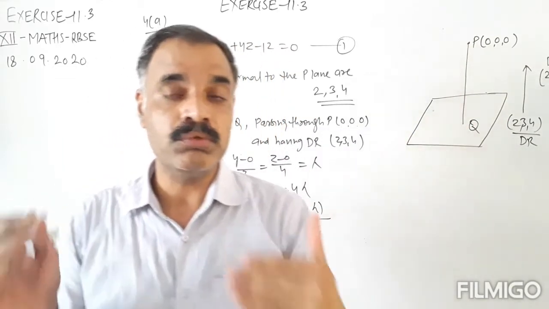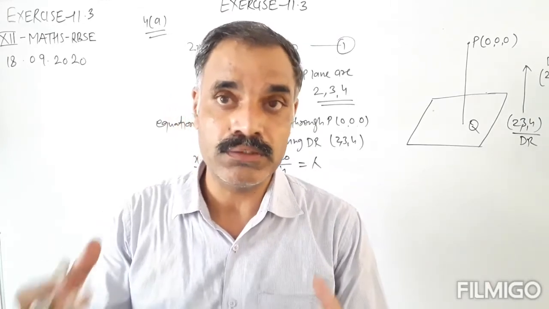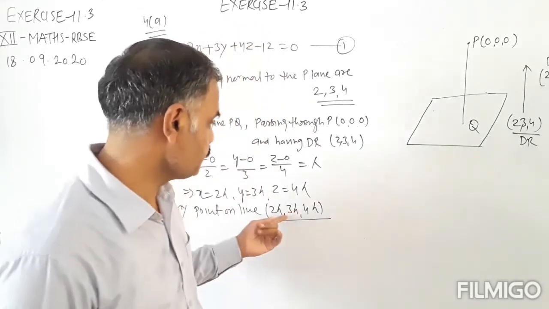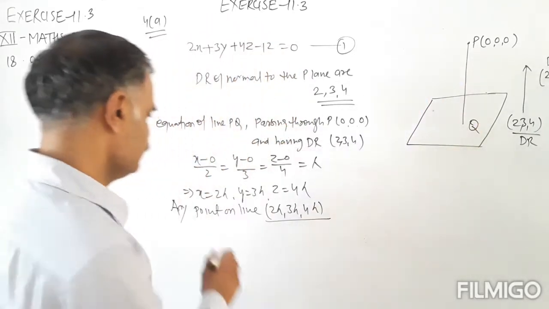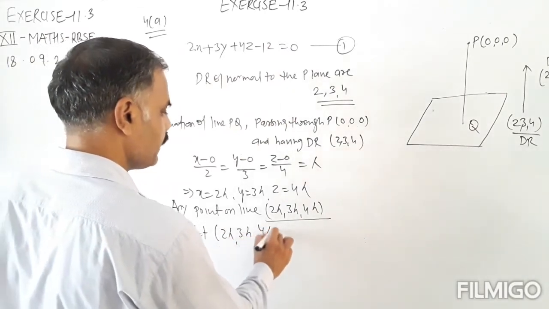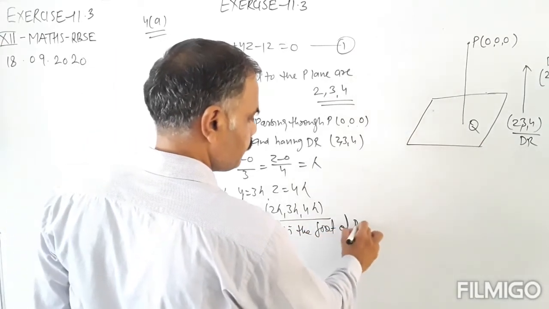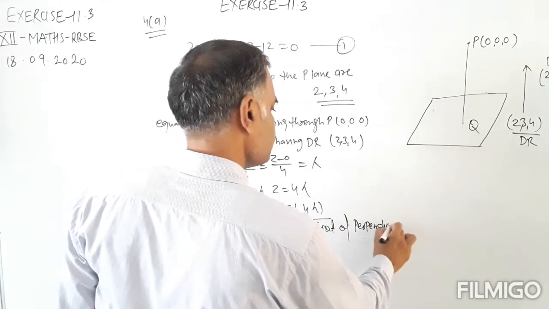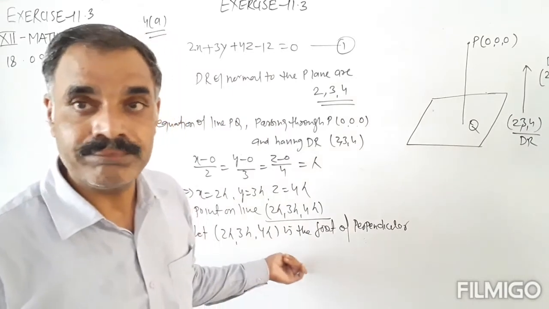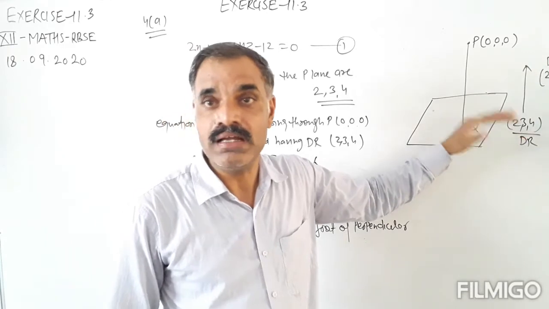Okay. Now we have to find the foot of perpendicular, meaning we have to find the coordinates of the point Q. Now this point lies on this line. Let 2 lambda, 3 lambda, 4 lambda be the foot of perpendicular. When this is the foot of perpendicular, this point will lie on the plane.